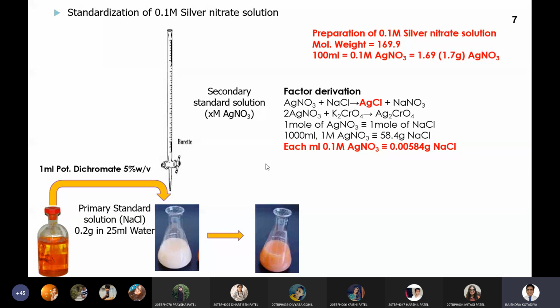So Y molar, that is the actual molarity of silver nitrate, will be equal to 1 ml into 0.1 molar into 0.2 gram divided by the burette reading multiplied with 0.00584 gram. So this will be our equation to find out the actual molarity of silver nitrate, and that is nothing but standardization of silver nitrate solution.